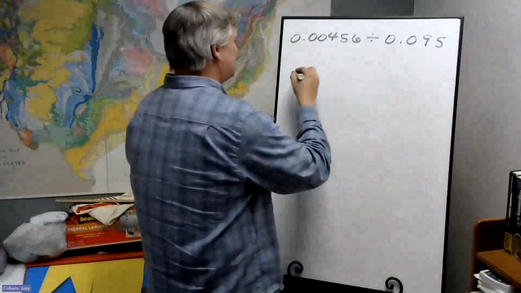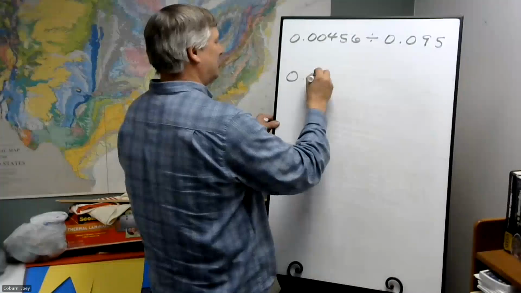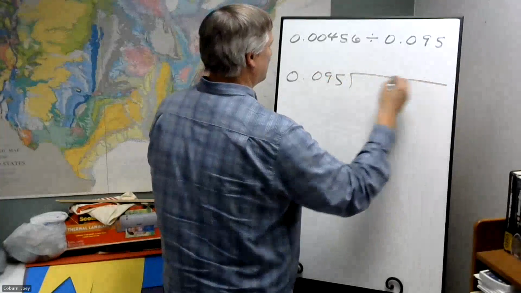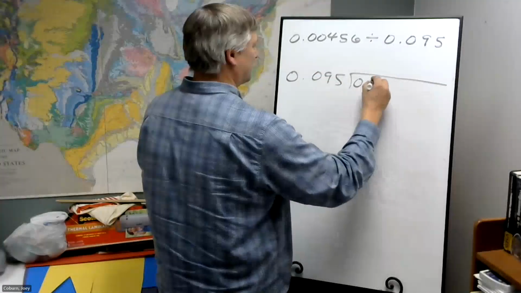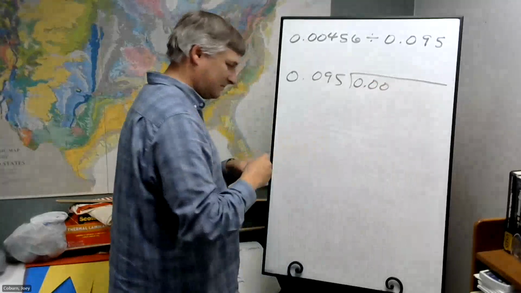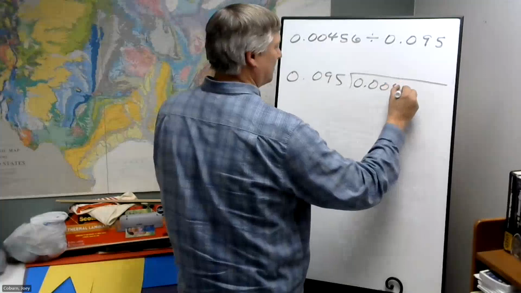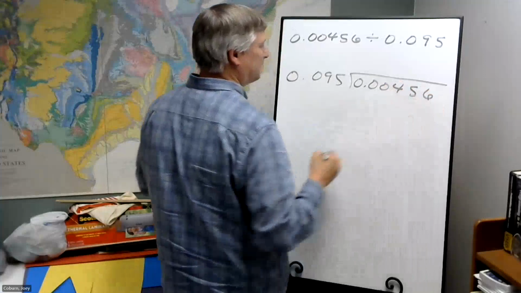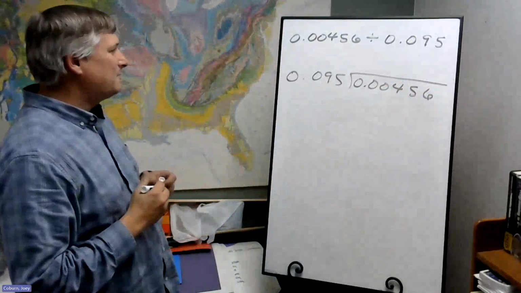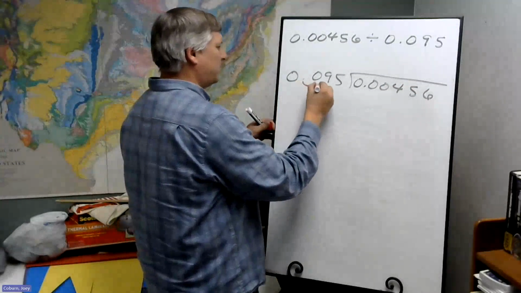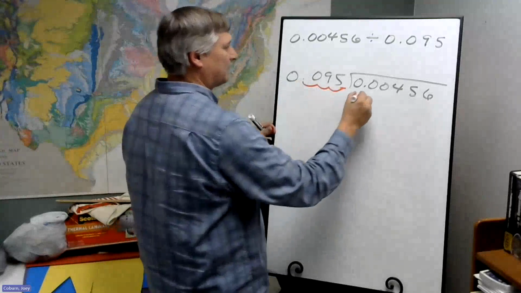So we'll set this up in long division form. And we're going to move our decimal point. Turn this into a 95. The decimal point moves 3 spaces.